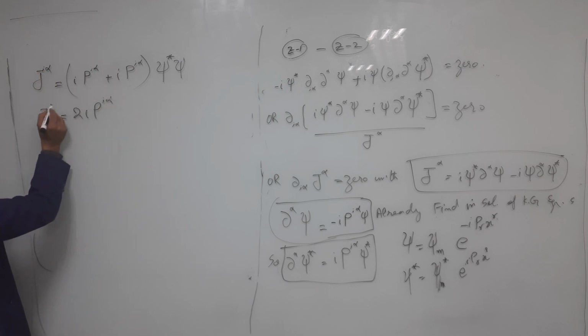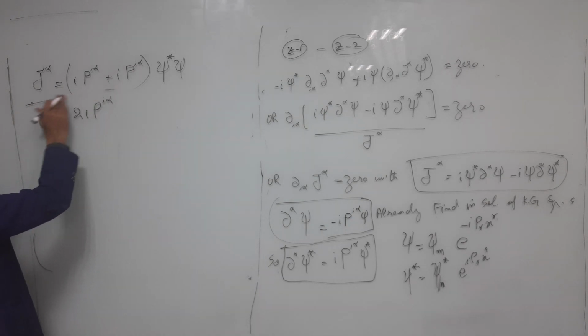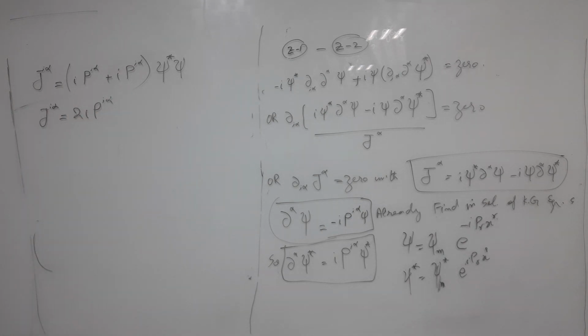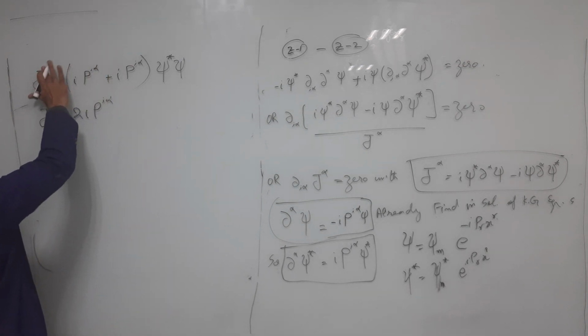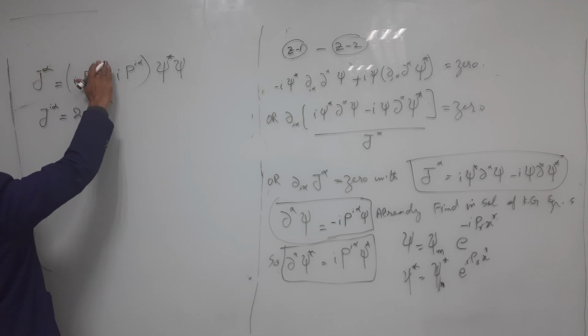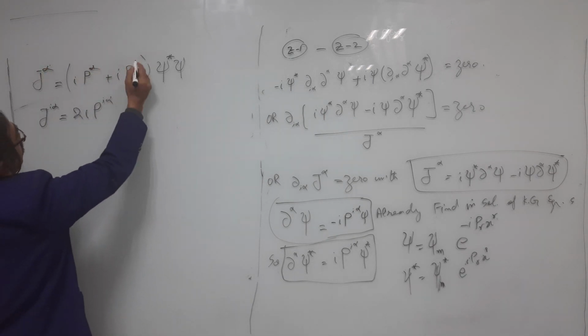Actually, this will be a J alpha because free indices will be the same. If you remove alpha here, then this will be like this.